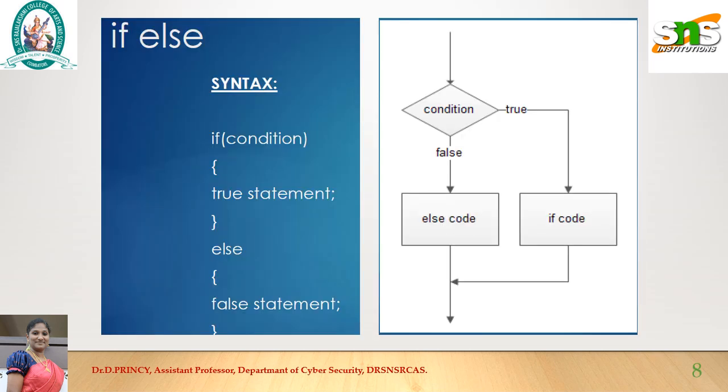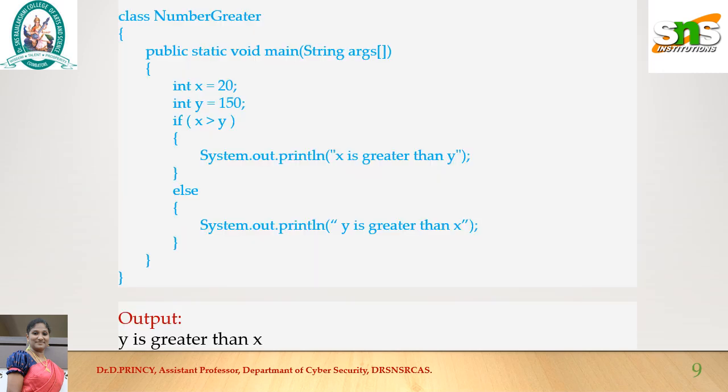There is then no statement to execute. For that purpose, we go for the concept called if else. The if is extended to if else: if the condition is true, there is a set of statements to be executed; if the condition is false, there is another set of statements to be executed. See this example: x equal to 20, y equal to 150.